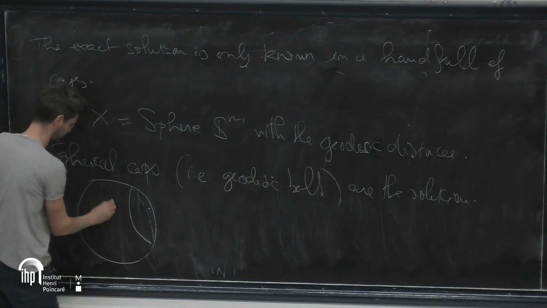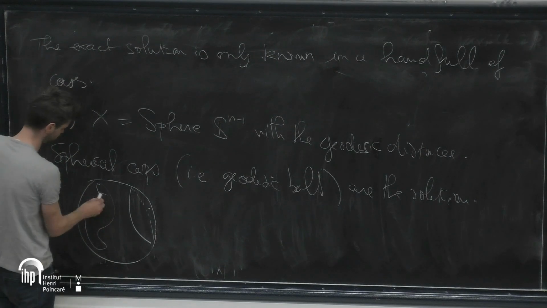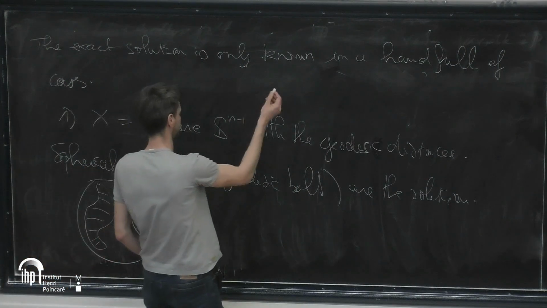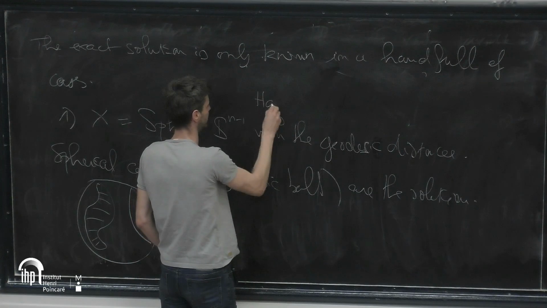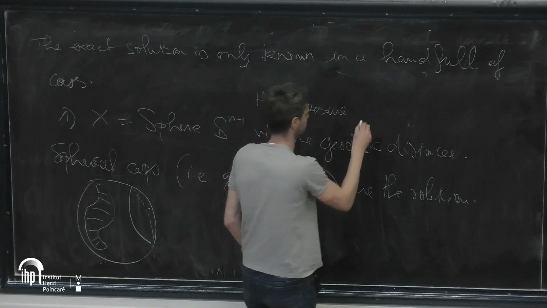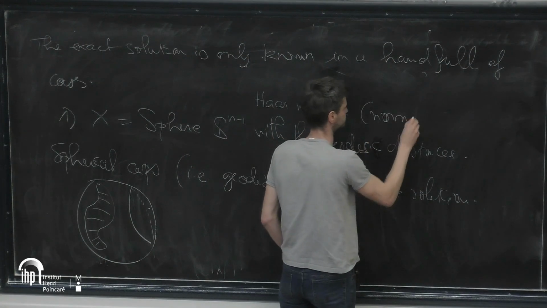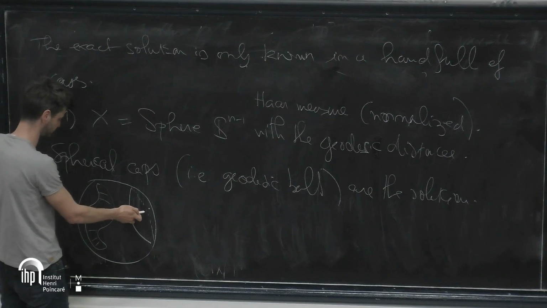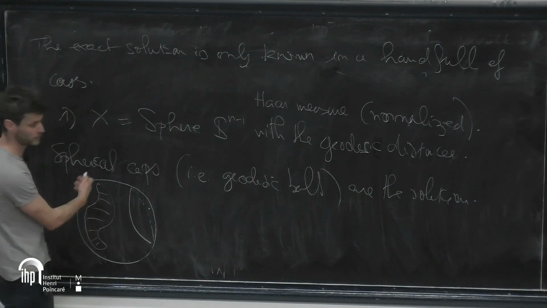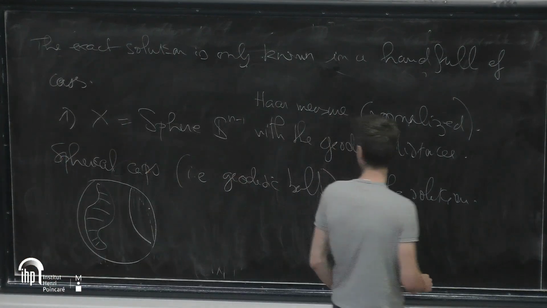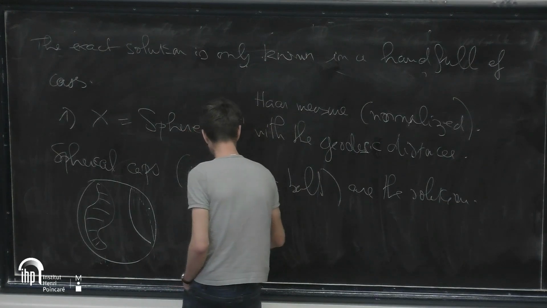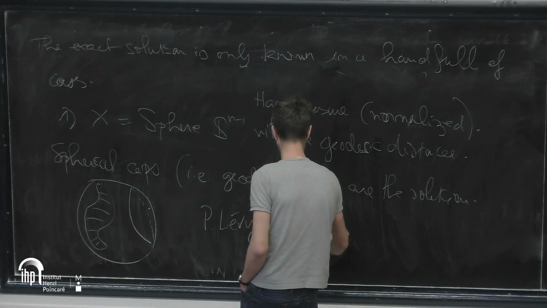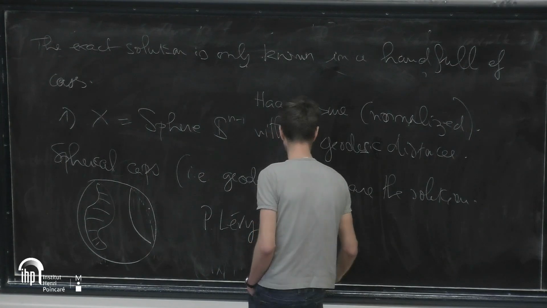And what I'm saying is that, on the sphere with the geodesic distance, and of course the measure, which I normalize to be a probability measure, if I take a set A which has the same measure as a geodesic ball, then the perimeter will be larger for the set A. Okay, this is usually attributed to Paul Lévy, I think maybe 1920s.